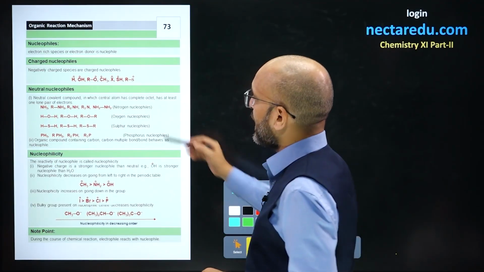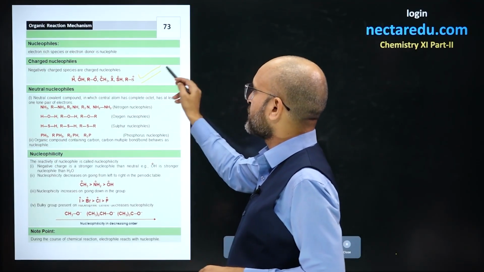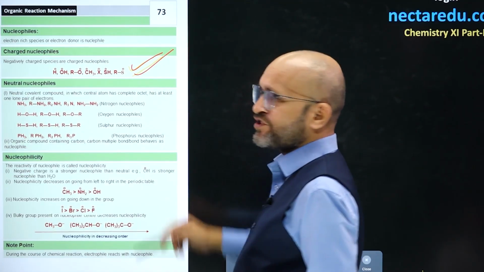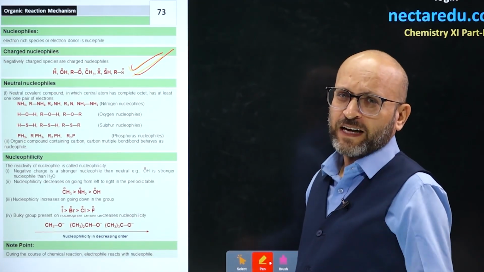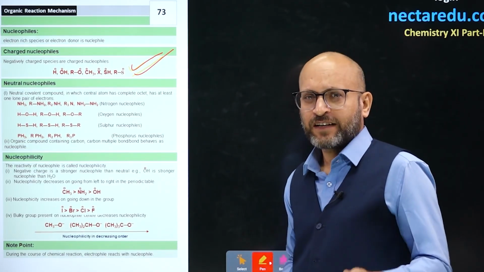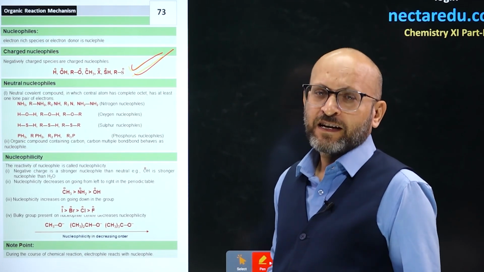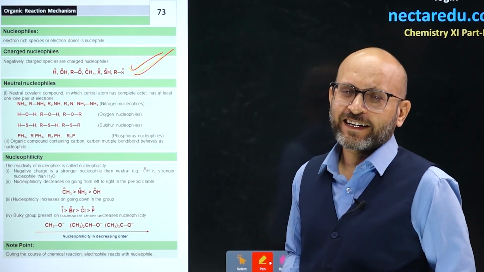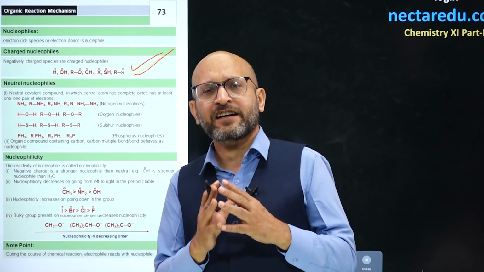Alright. So over here all negative species are nucleophiles: CN minus, OH minus, NH2 minus, RO minus, Cl minus, Br minus, I minus, F minus, SH minus, acetate ion. All these are negative species and they can act like a nucleophile.